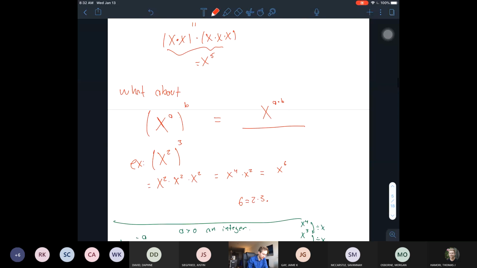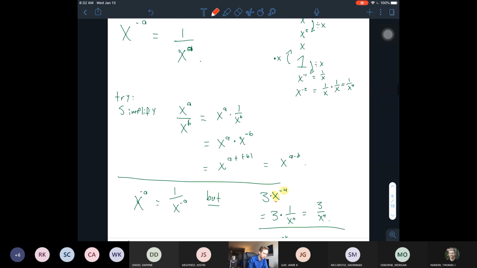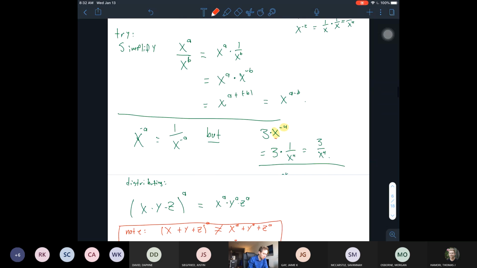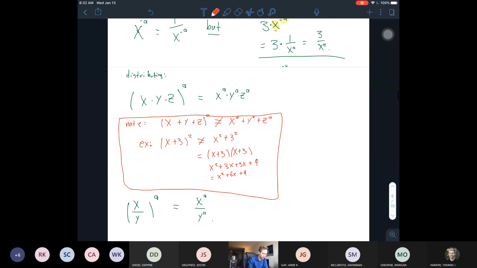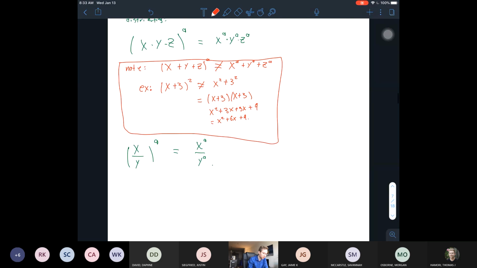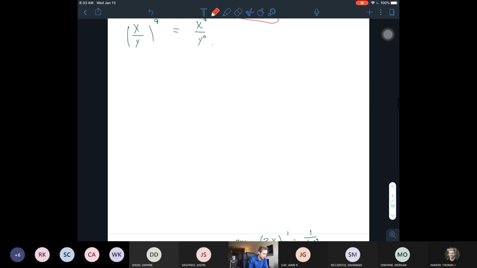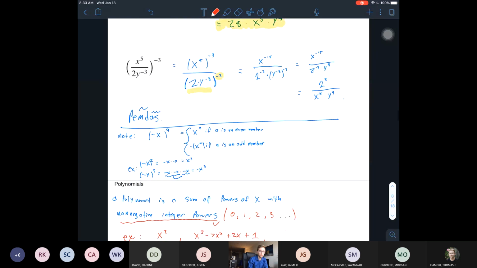We had all these rules about exponents. We learned how to deal with negative exponents. We learned how to deal with powers of x to another power. We learned how to distribute powers onto things which are being multiplied. And we did some practice.